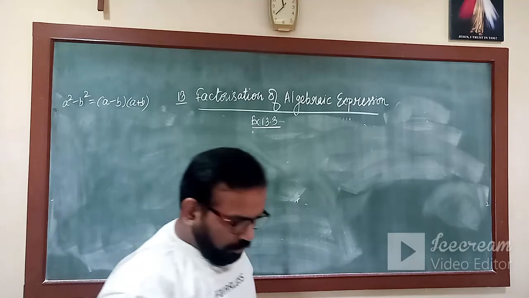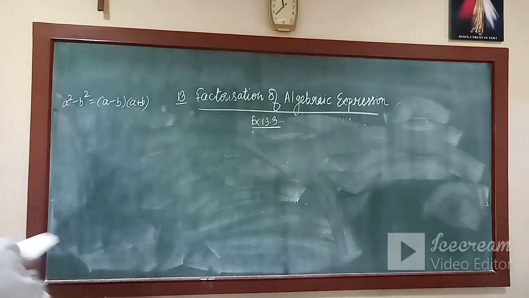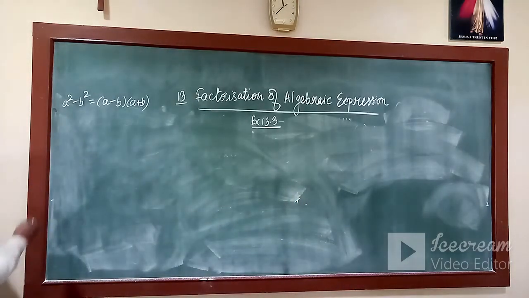Okay, now let's see the use of a square minus b square. So see question number 2.